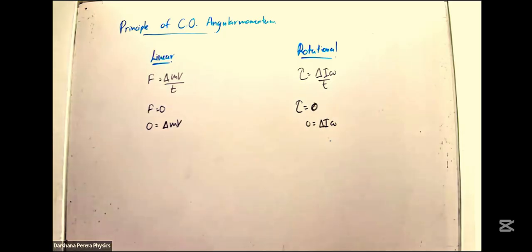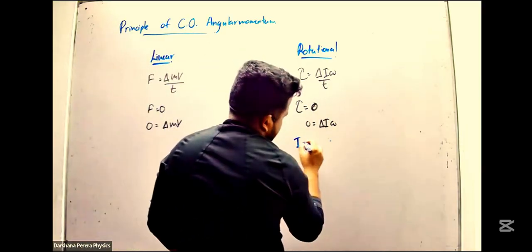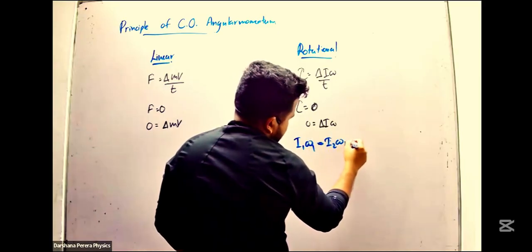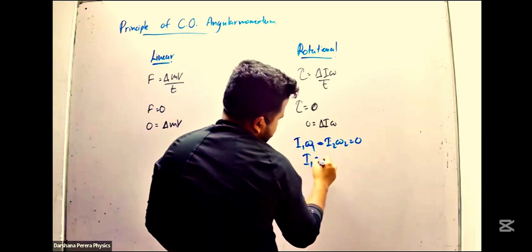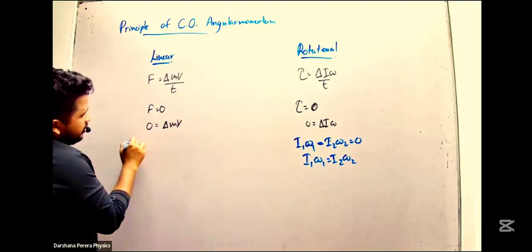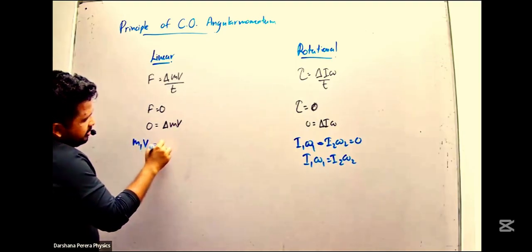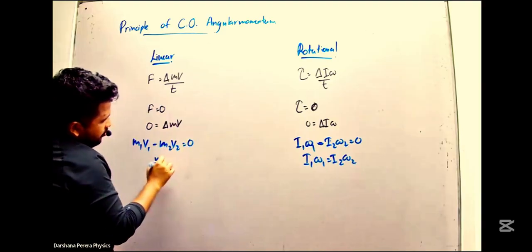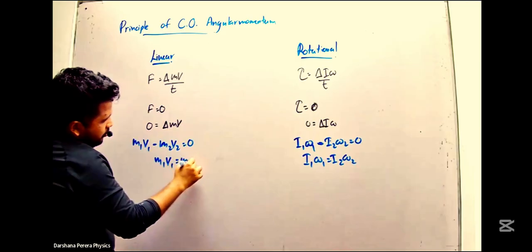Therefore I1 omega 1 minus I2 omega 2 equals 0, so I1 omega 1 equals I2 omega 2. Likewise, m1 v1 equals m2 v2.